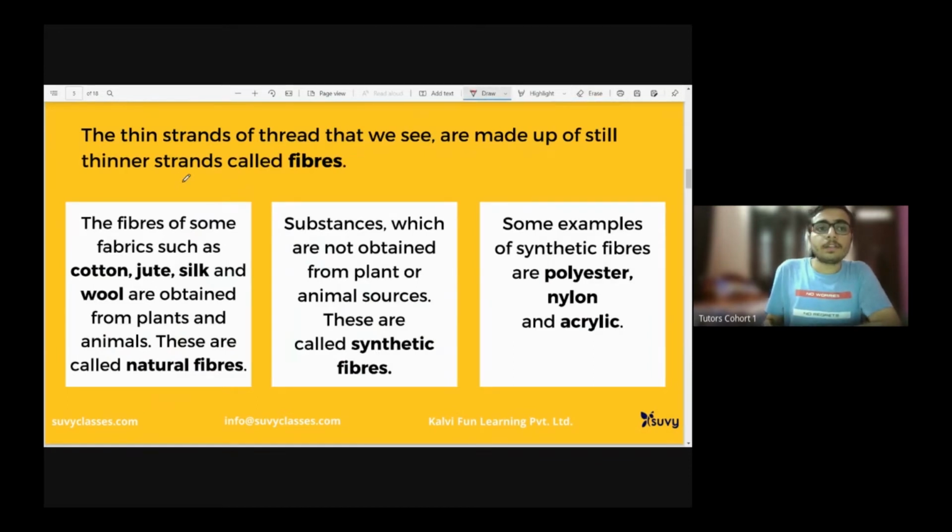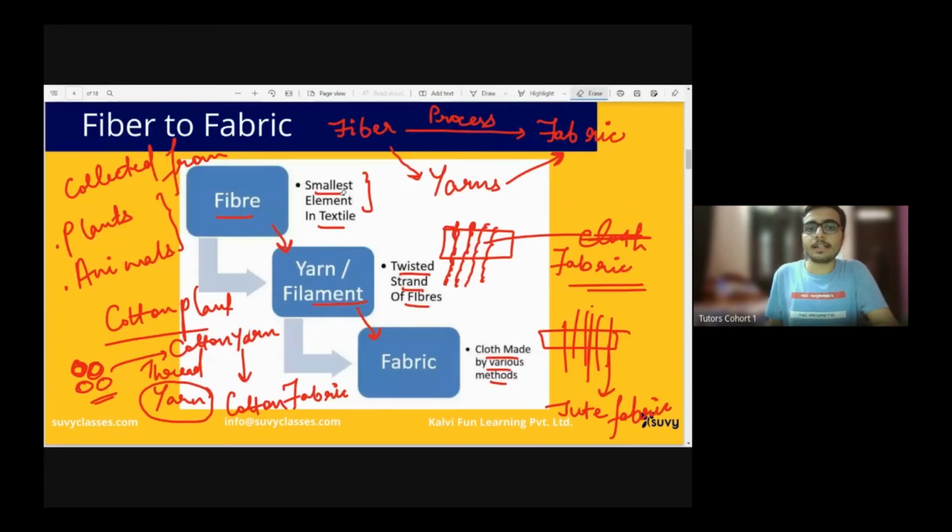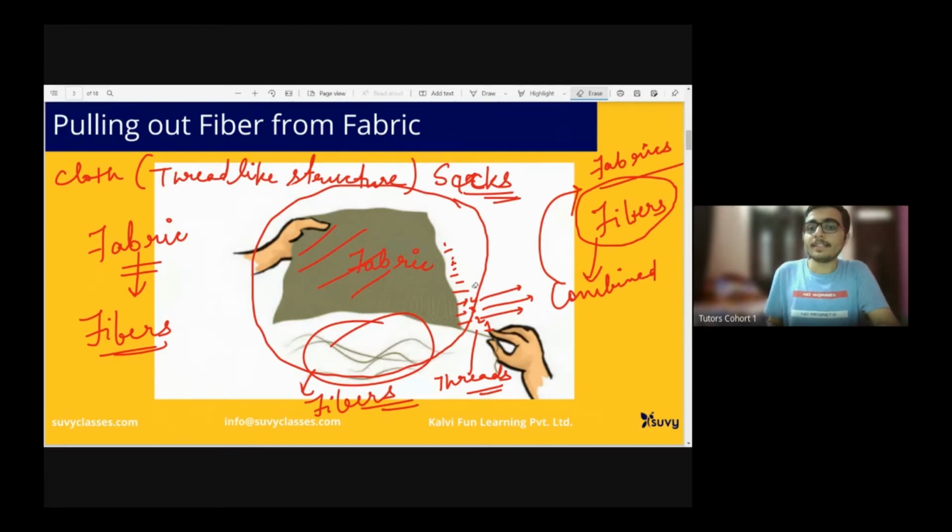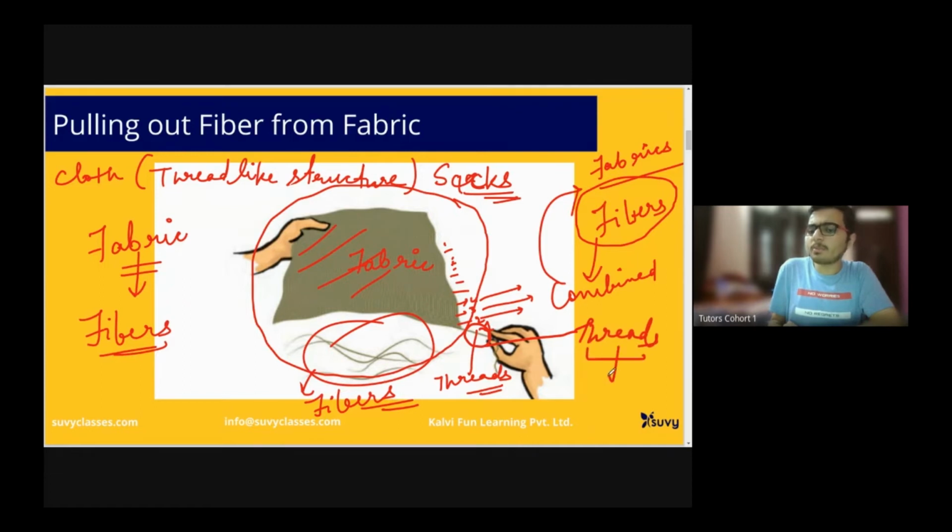So the thin strands of threads that we see are made up of still thinner strands called fibers. As I said earlier, I showed it to you in the earlier slide also. Thin strands, I call them threads, and these threads are still made up of smaller strands, which are known as fibers.